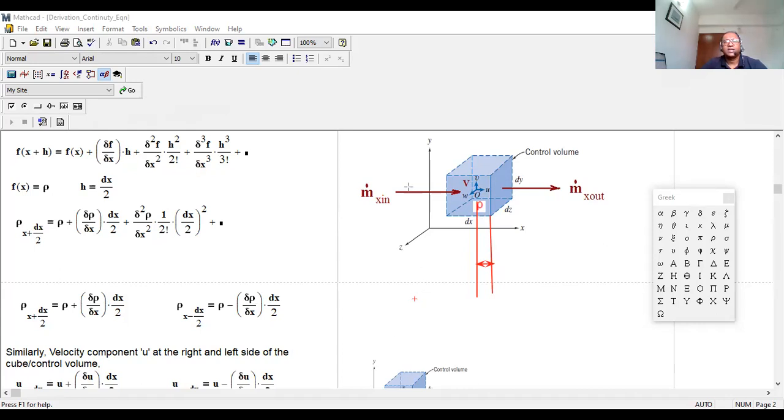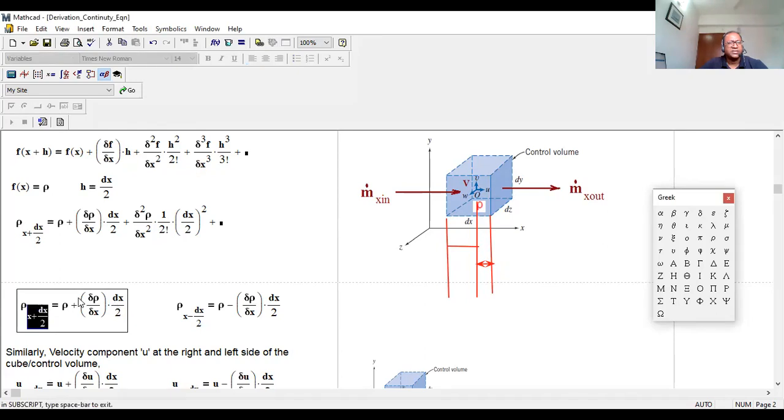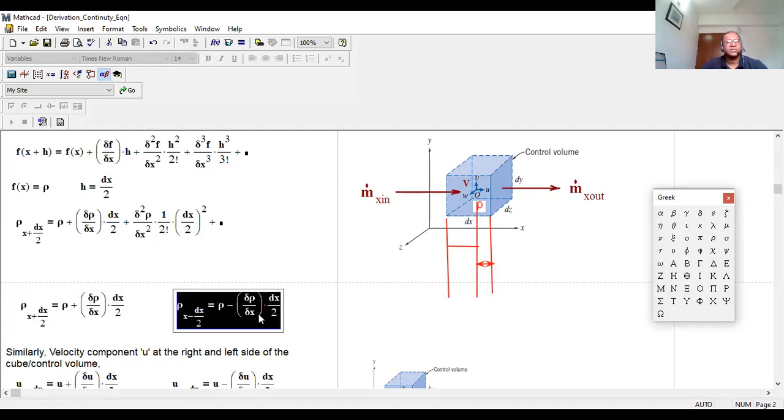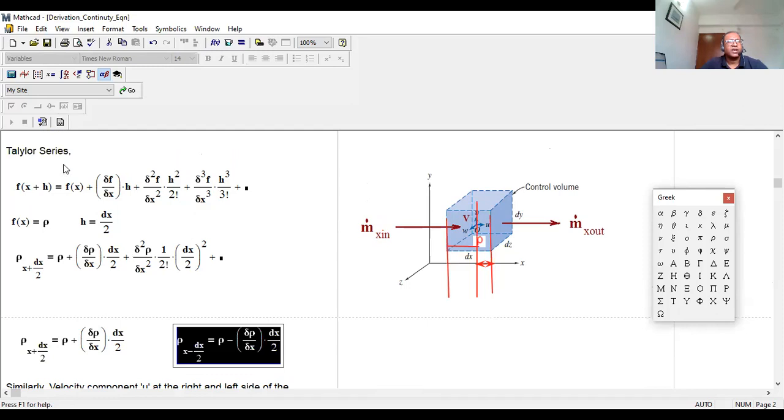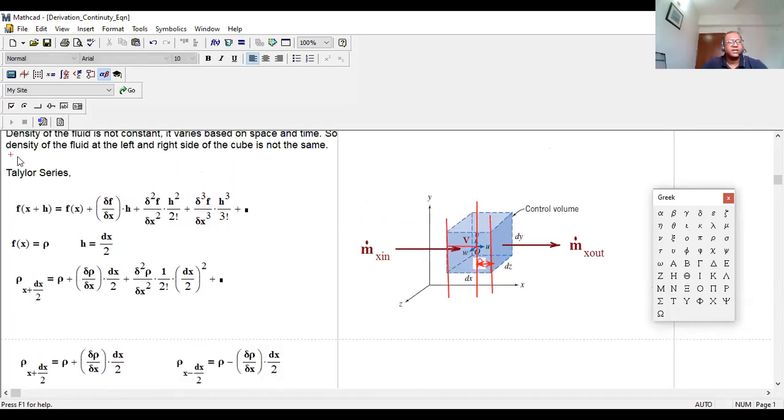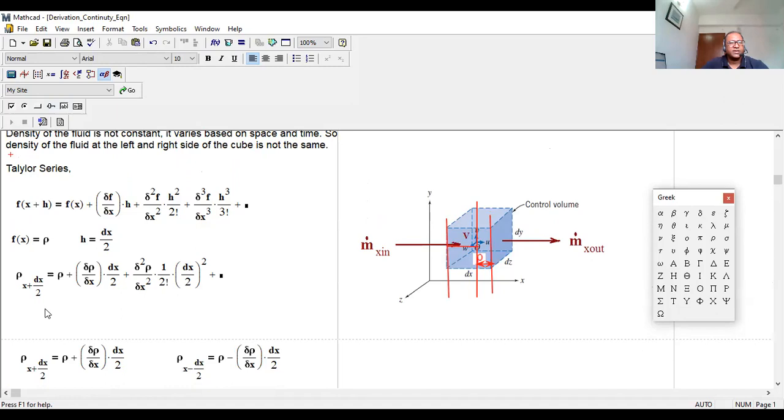But what about the distance from the center to the leftmost face? That will be this much, right? That means minus dx by 2. You need to travel in the negative x direction. So for the left side of the fluid, this is my density. I'm sorry, this is the right side, positive. Left side, this much. So we have the density, already got it, right?